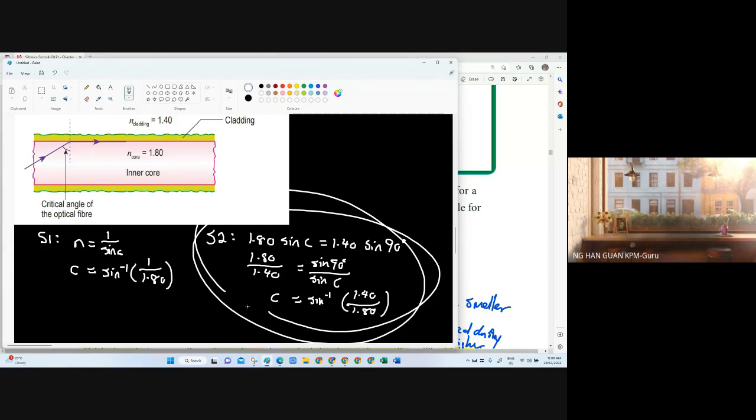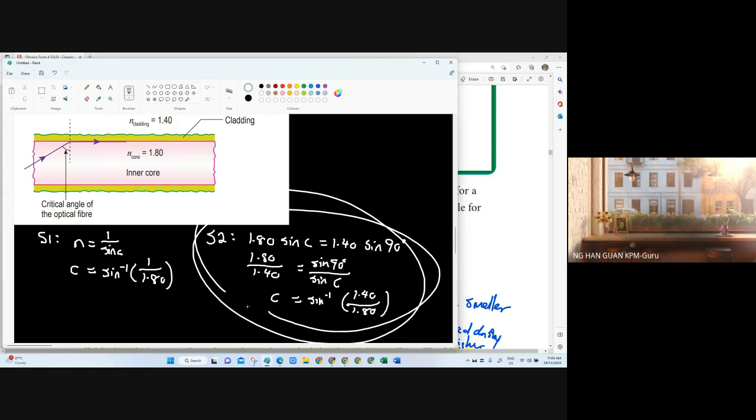But after considering again, if we prefer S2, it seems like the critical angle of a particular medium can be easily changed. So the concept seems incorrect.